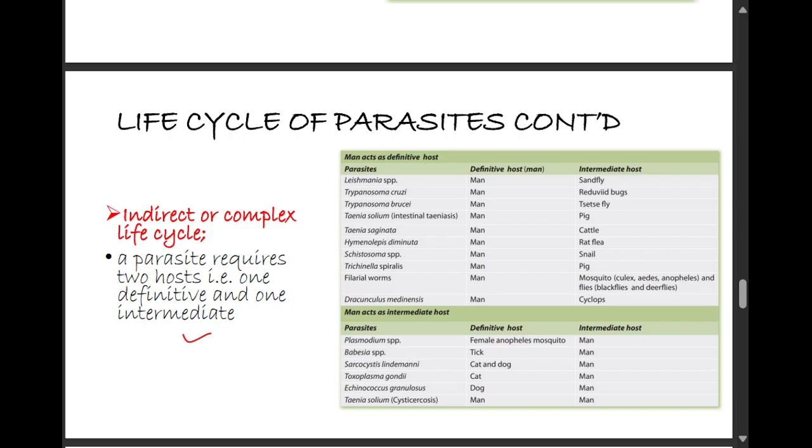For example, Taenia solium, where the definitive host will be a human being and the intermediate host will be a pig. So direct requires only one host; indirect or complex has two hosts, one definitive and one intermediate.